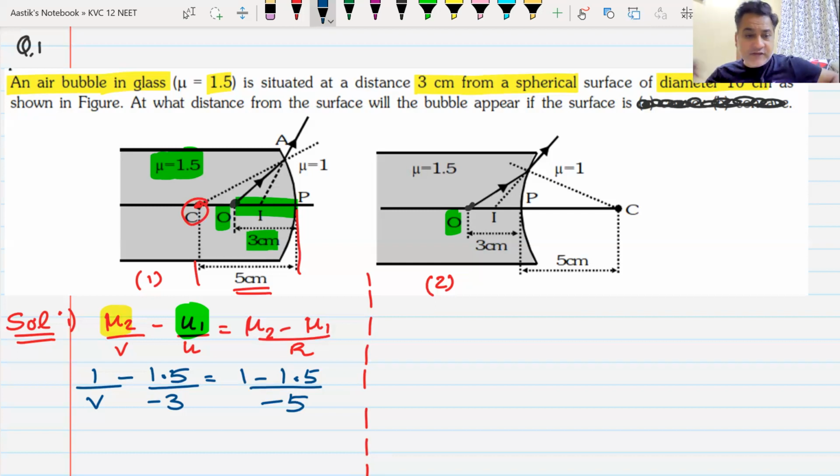Now you put the value and you get the answer for v. You can solve it from here, yes or no? Tell me what answer you are getting. It is pretty simple multiplication and division.